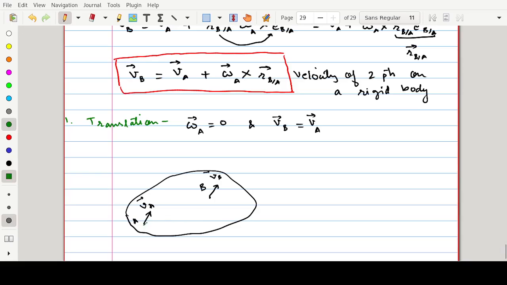And this line joining A and B, what kind of motion will it experience? It will just move parallelly. So if this is VA, and this moves like this, then the trajectory of point B will be parallel to the trajectory of point A, and in the final position AB will be parallel to its initial position.